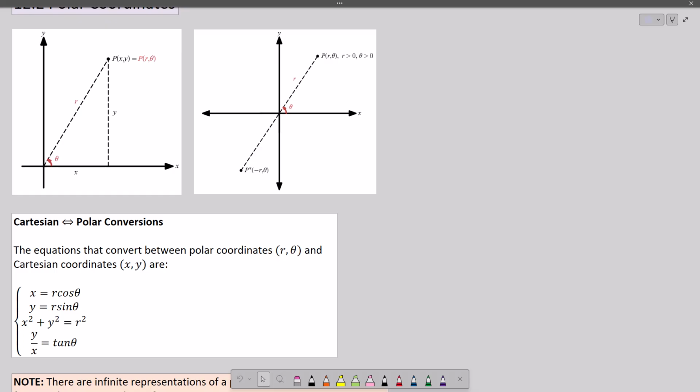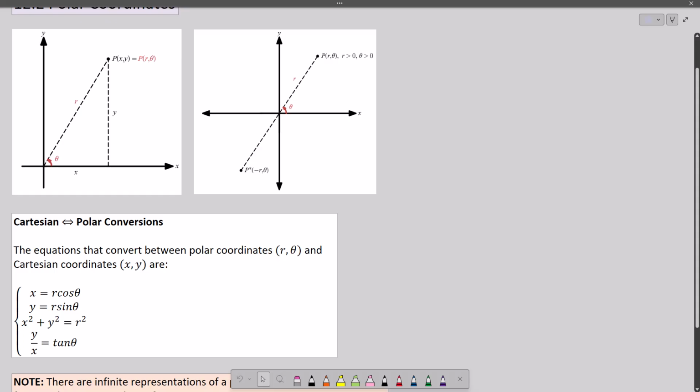If we are looking at a point that is down here in quadrant 3, that's opposite this point in quadrant 1, there are multiple ways to represent it. One way to represent it is by putting a negative r value. Now, typically when we think of the r value, we are thinking of positive, right? We're thinking distance to origin.